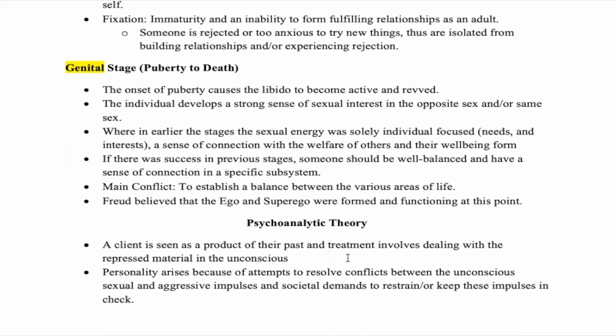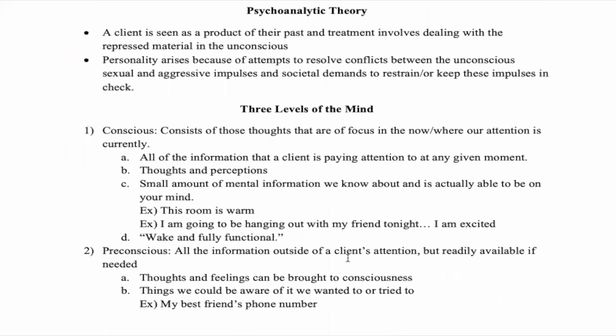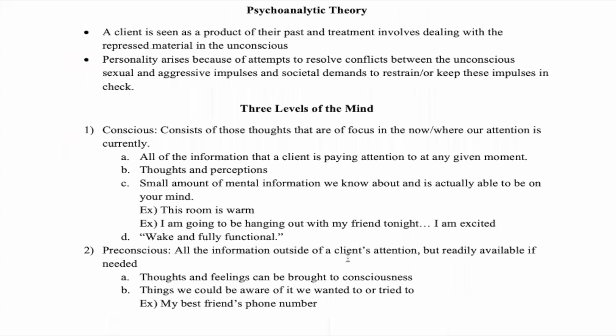Let's segue now into psychoanalytic theory. This is going to start off with the three levels of the mind: conscious, preconscious, and unconscious, and then go into the three components of personality. Psychoanalytic theory is where a client is seen as a product of their past, and treatment involves dealing with the repressed material in the unconscious.